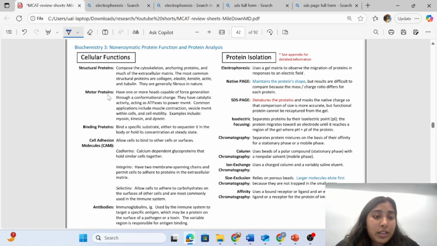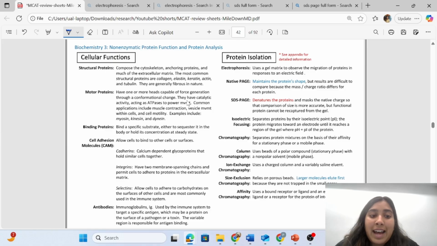Motor proteins. Motor proteins are the ones which help things move in our body. They have 1 or more heads, which are capable of making a force or some conformational change.